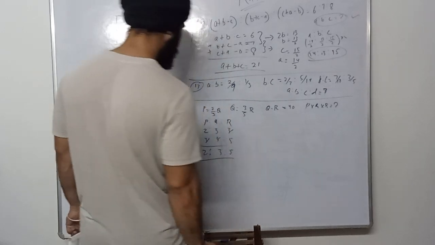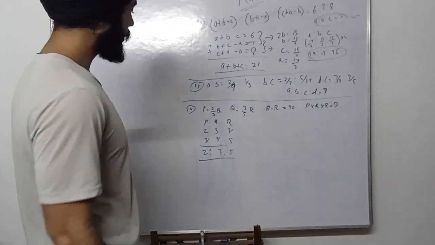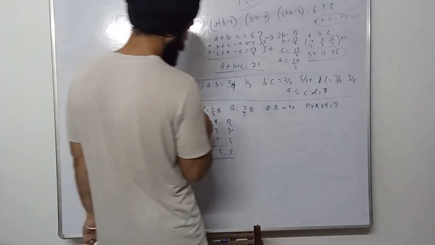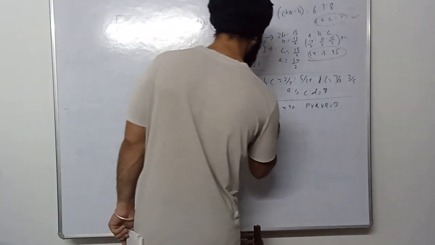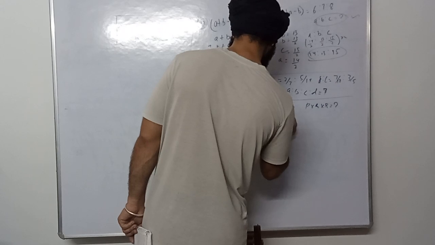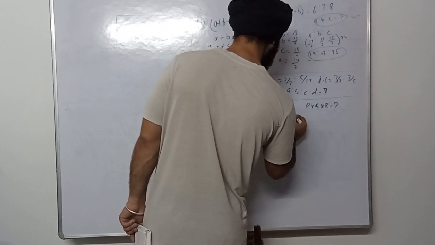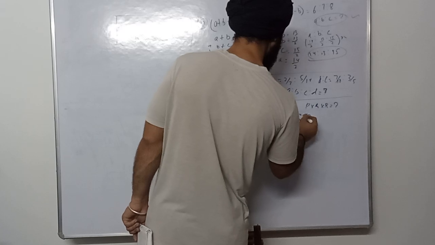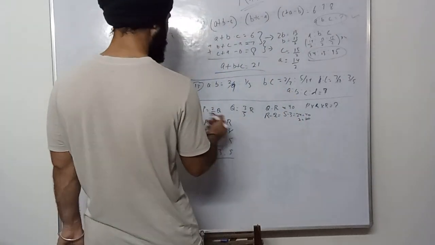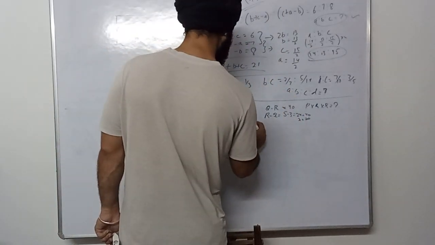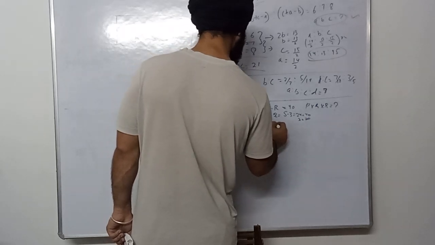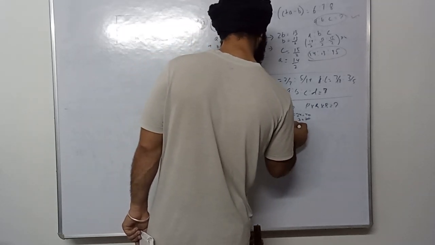This is the P ratio Q ratio R. Now we can say R is greater than Q, so it will be R minus Q, which is equal to 5 minus 3, which is equal to 2x, is equal to 40, and x will be 20. If x is equal to 20, then P's value is 40, Q's value is 60, and R's value is 100.